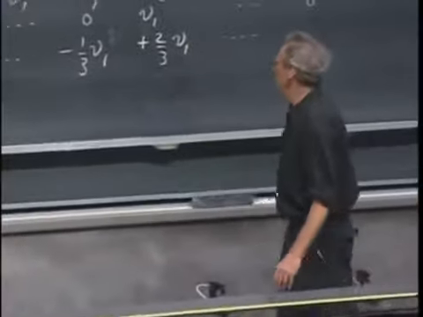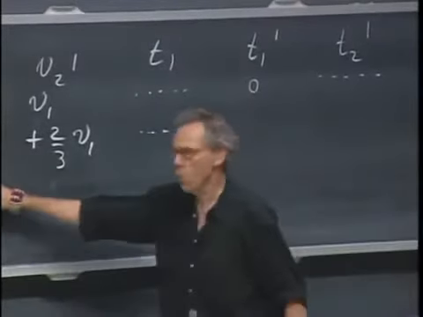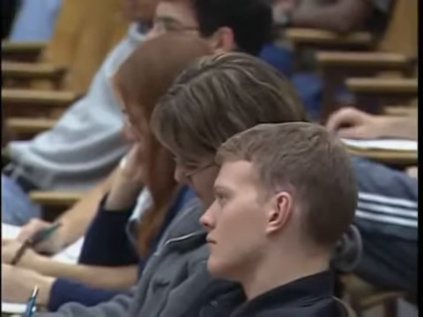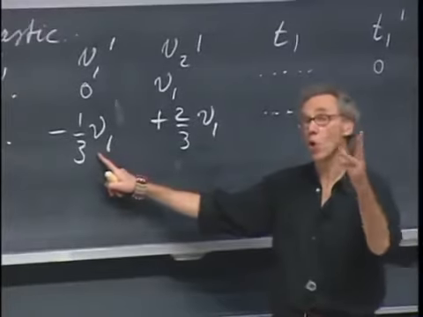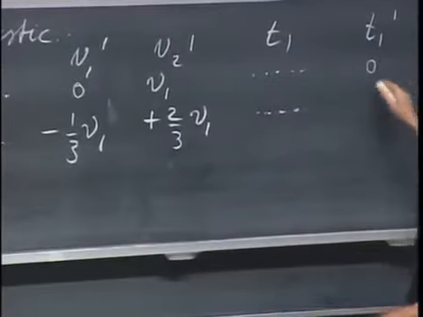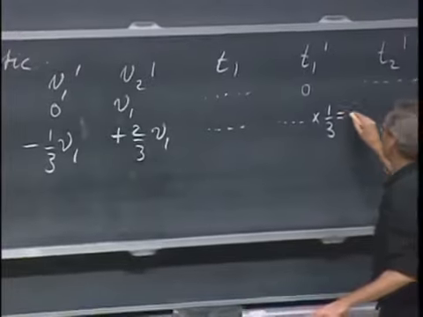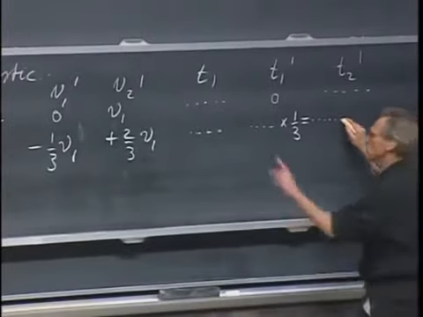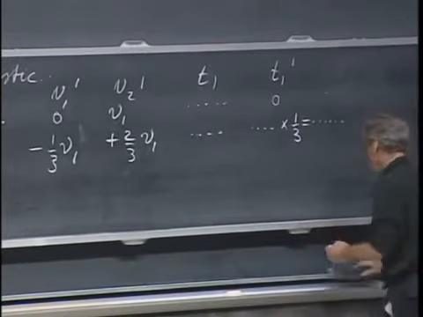Now we do this experiment, we get a certain t1. And so this one goes back with 1/3 of the speed, so it will take 3 times longer to go 10 centimeters. So I'm going to multiply this time by 1/3, and whatever comes out should be the same as T2 prime.